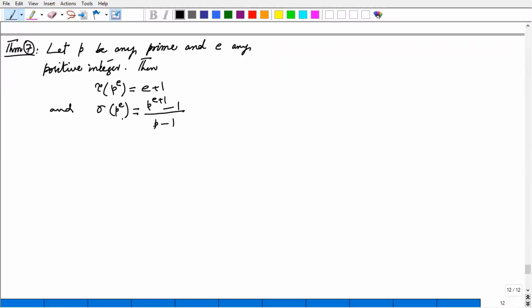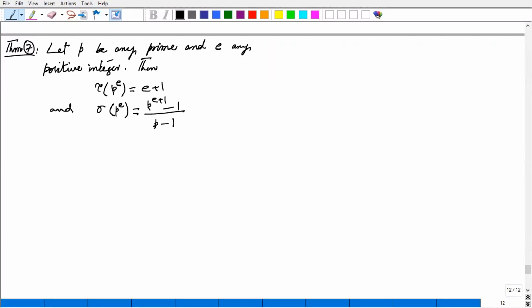Okay, so it's a very important theorem. By using this result, you are able to find the tau and sigma of any integer, because any integer can be decomposed by its canonical decomposition or by its prime factors.